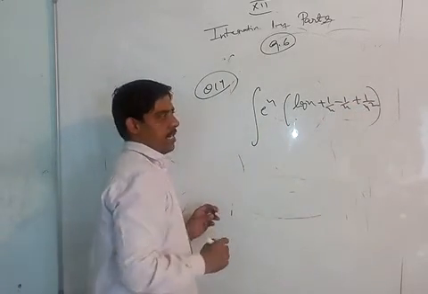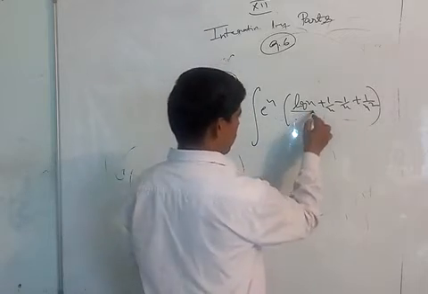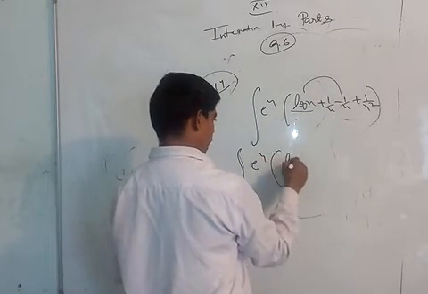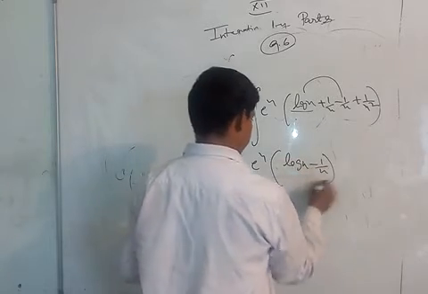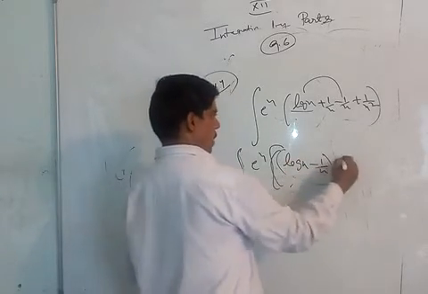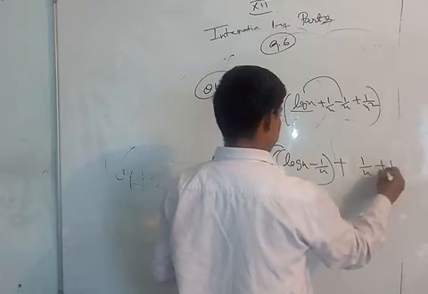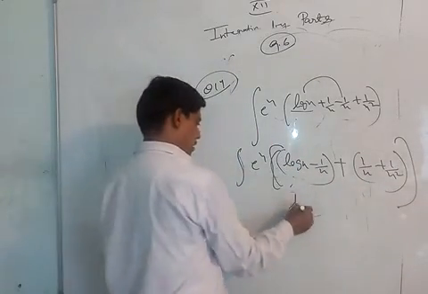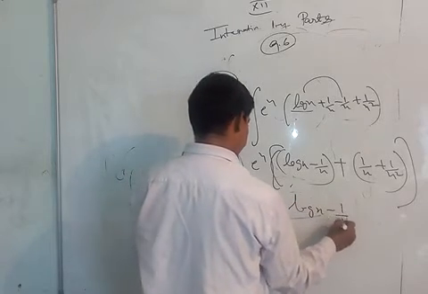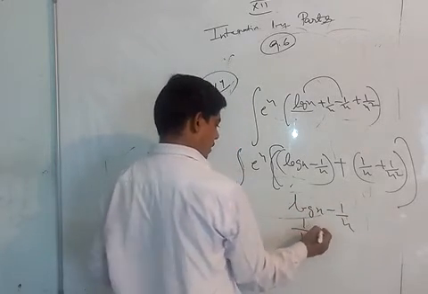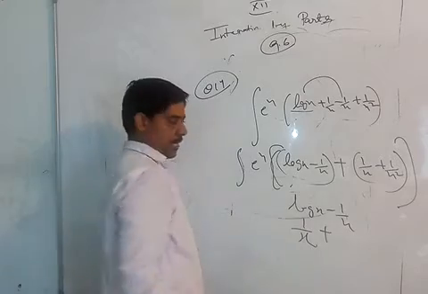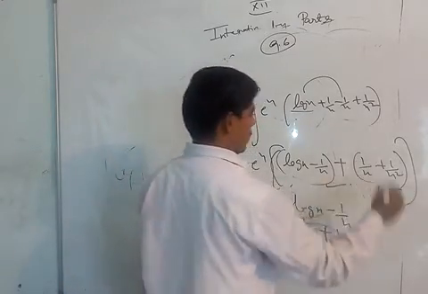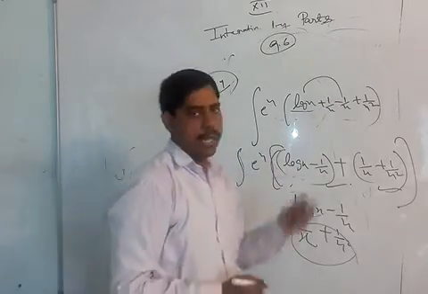Now we can take the function as log x minus 1 by x, and the derivative is 1 by x plus 1 by x square, because the derivative of log x is 1 by x and the derivative of minus 1 by x is plus 1 by x square, minus minus plus. So we have got the derivative just by adding minus 1 by x and 1 by x.